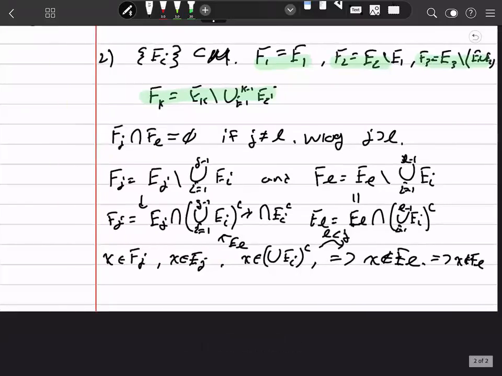And the next thing that we claim is that the union of these F sub i's is equal to the union of these E sub i's.